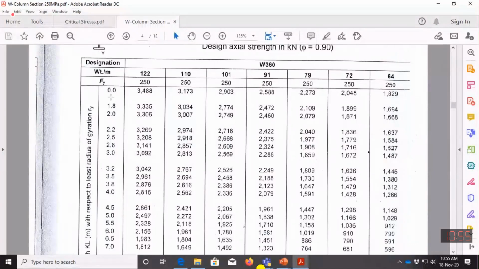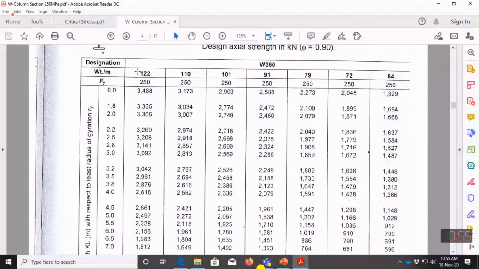So here, in the first column, if we know the type of the section, for example, the first section W360 into 122, we know the geometric properties. We know the gross area. We know the moment of inertia about x-axis, y-axis. We know the radius of gyration about x-axis and y-axis.